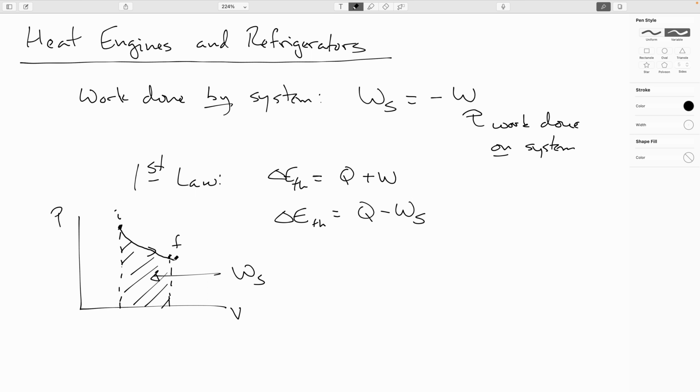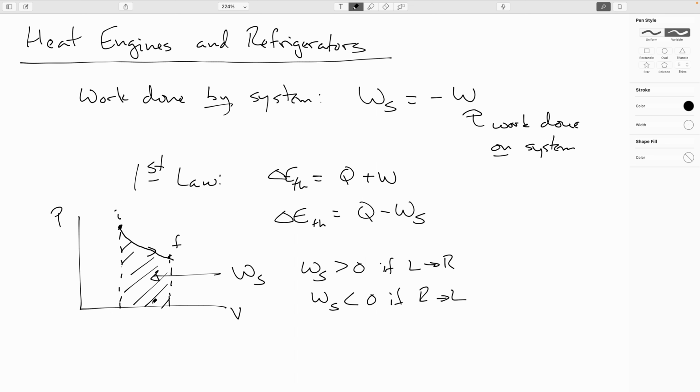Now, before, when we were talking about the work being done on the system, we said that left to right was negative and right to left is positive. So here, the work done by the system will be positive if we're going from left to right in a PV diagram, and the work done by the system will be negative if we're going from right to left in a PV diagram. And this makes sense.